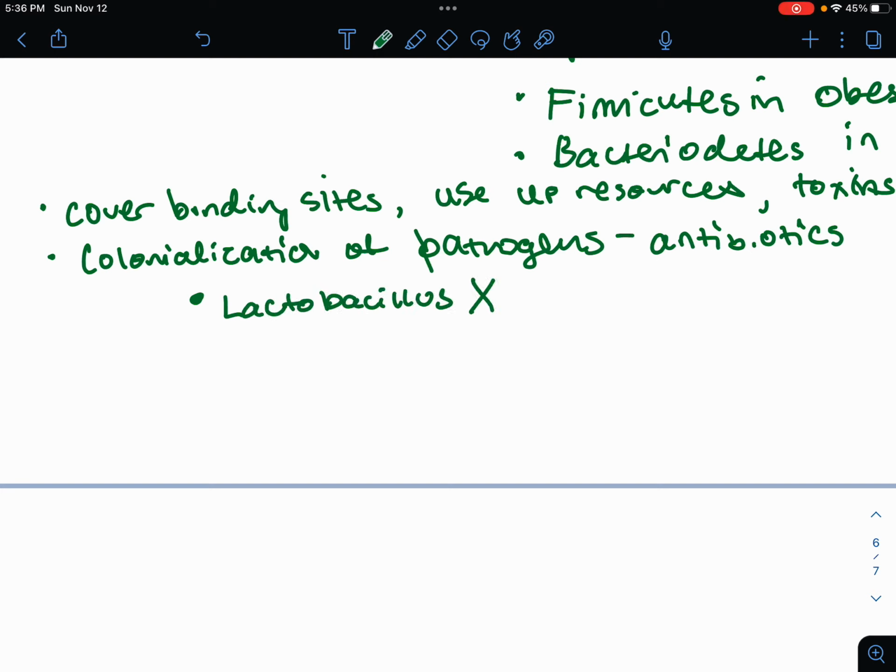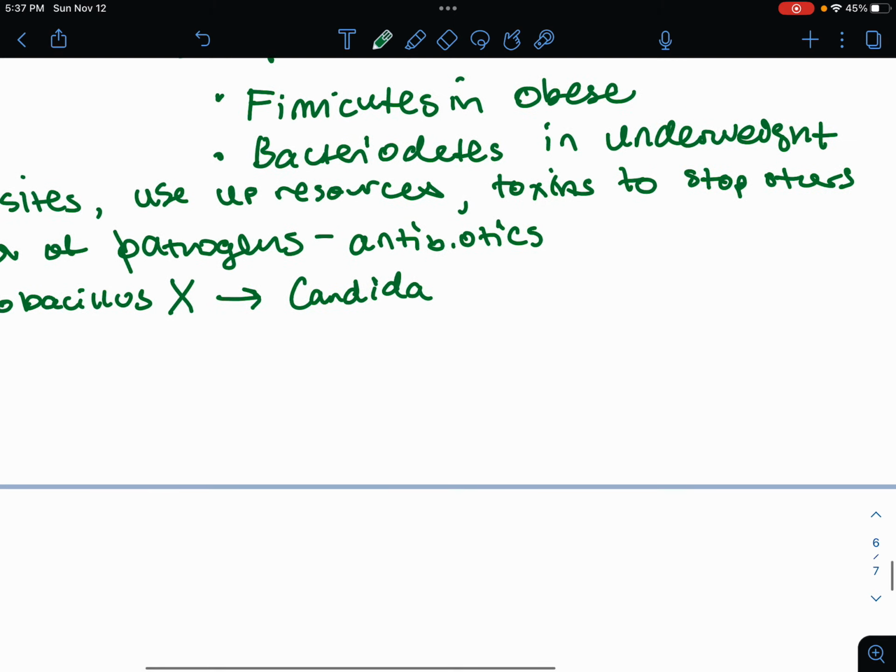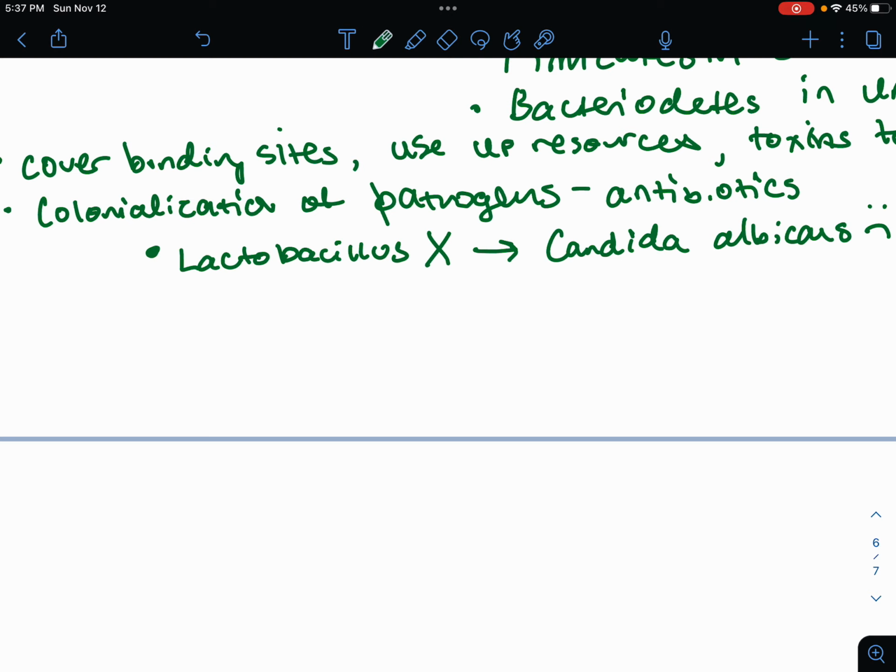So lactobacillus is out, and then Candida albicans will grow, and then you get candidiasis. There's one example, and then again, Candida albicans is a pathogen. Oral antibiotics could stop the intestinal microbiota, and the Clostridium bacteria could increase in the intestine if that normal microbiota is gone.